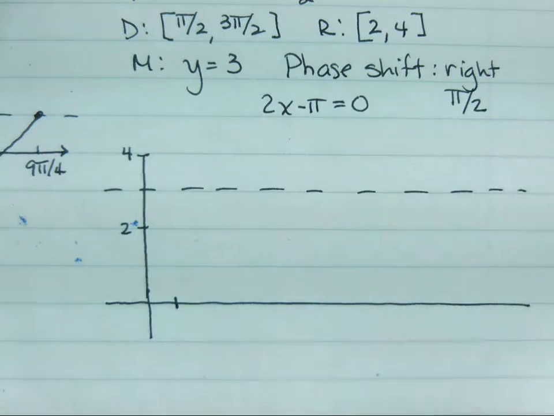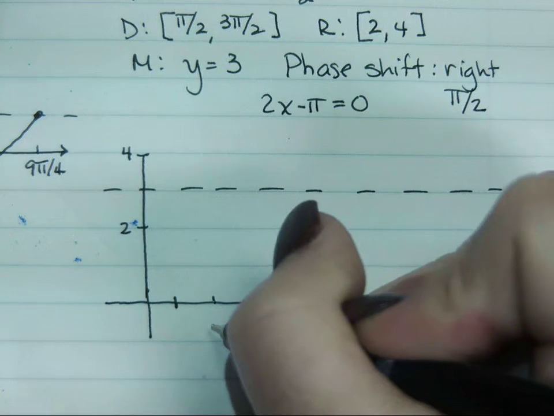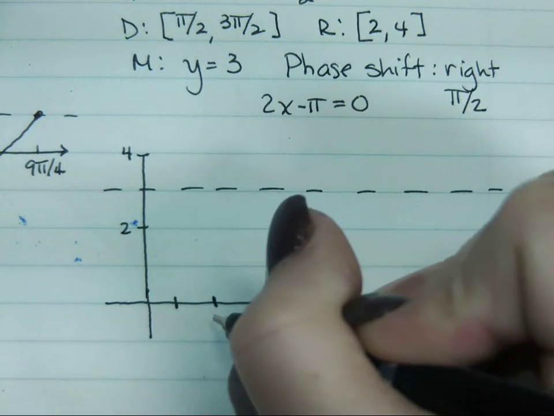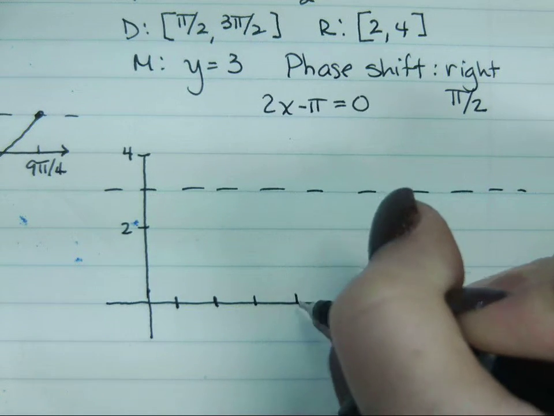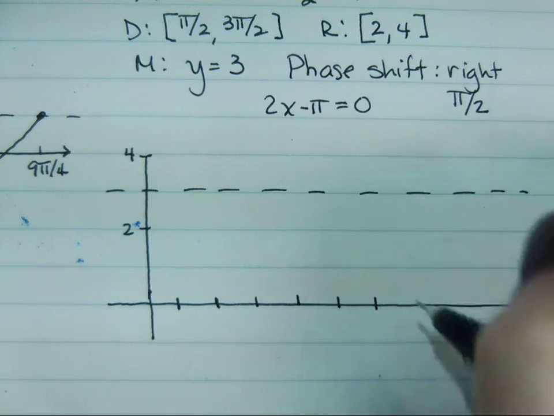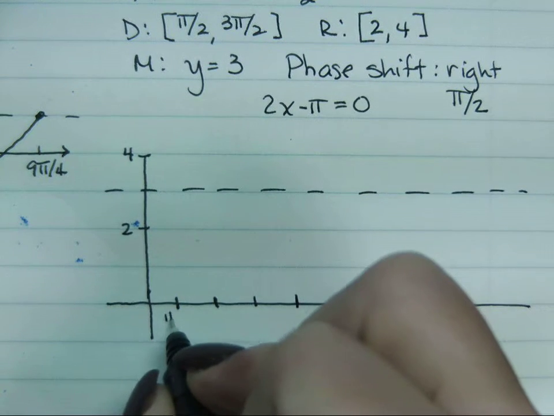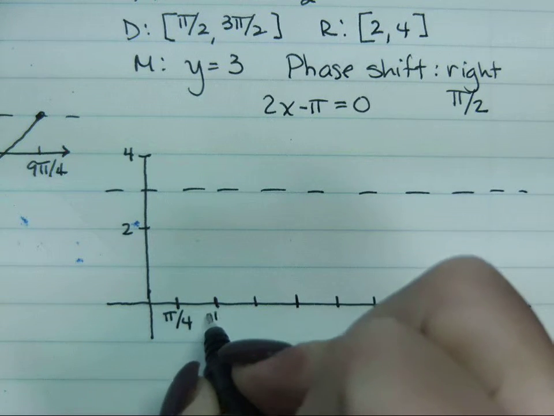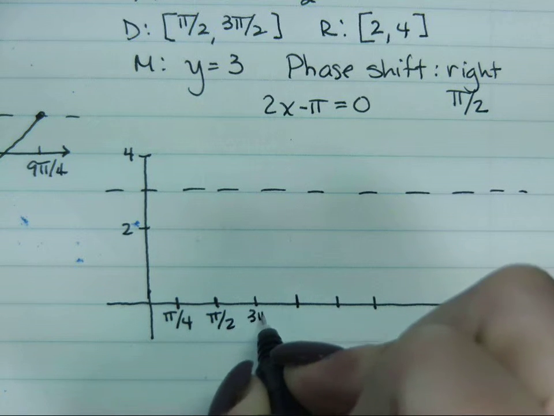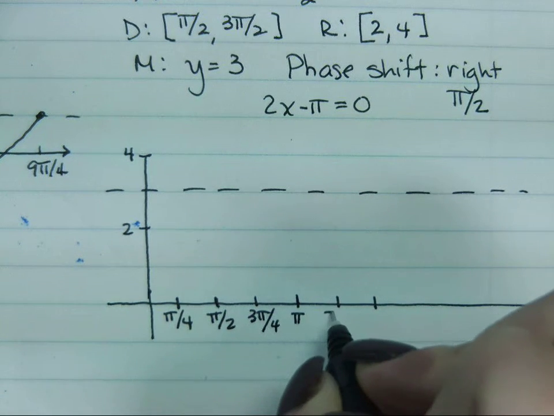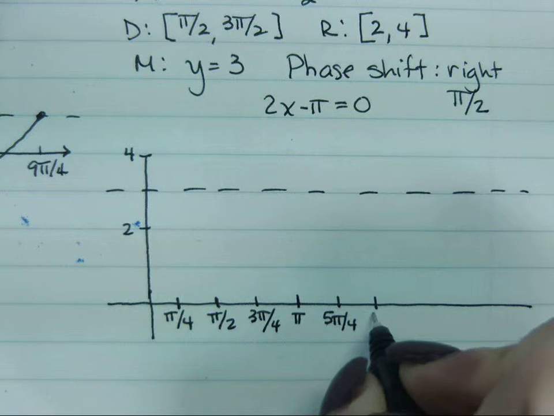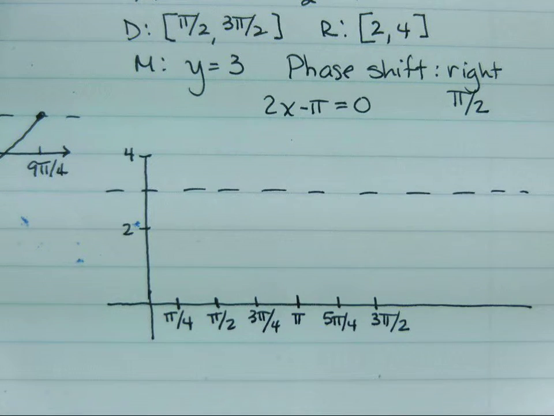So this is 1 pi over 4, 2 pi over 4, 3, 4, 5, and 6 pi over 4. And you can write that down as 1 pi over 4, 2 pi over 4, 3 pi over 4, 4, 5, and then 6 pi over 4.